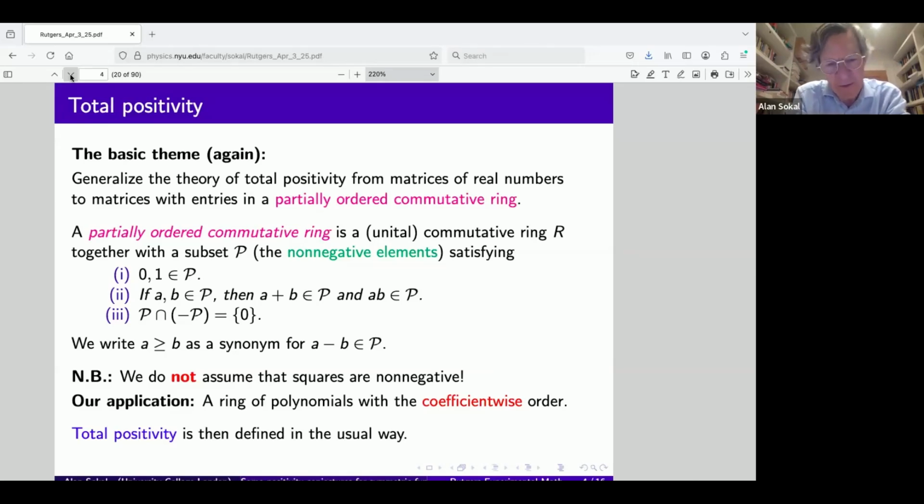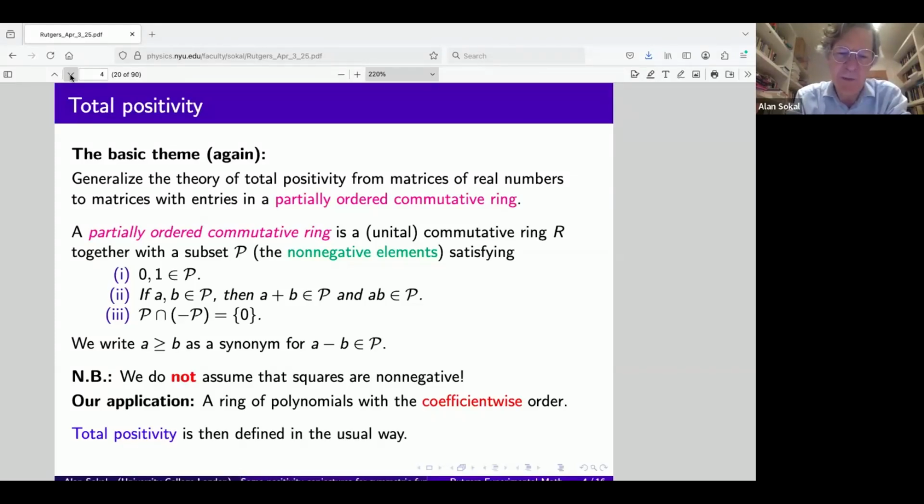Of course, the theorems may not be the same. There are things you can do with real numbers that you can't do in a general partially ordered commutative ring. So for example, one of them is that for the real numbers, squares are always non-negative. For polynomials, you see that's not true. 1 minus x squared is not non-negative in the coefficient-wise sense.